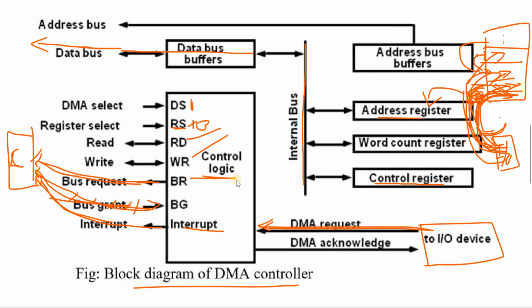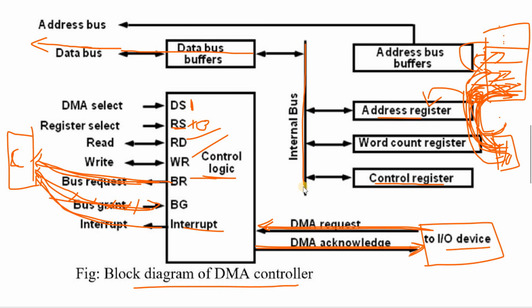Whenever it requests, the DMA controller sends a bus request to the CPU. After the CPU provides all the buses to the DMA controller, the DMA controller sends back a DMA acknowledgement. Previously it was asking for a request to provide all the buses. Now after receiving all the connections from the CPU, after the CPU disconnects, the DMA controller gives one more acknowledgement to the IO devices.